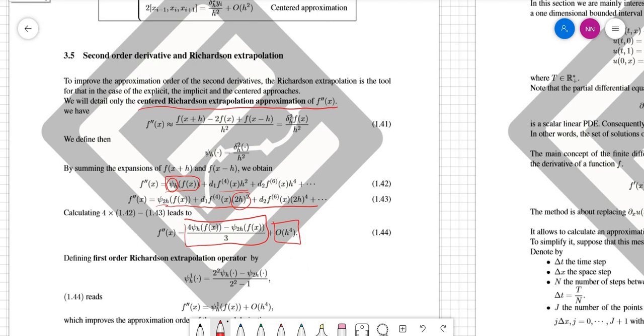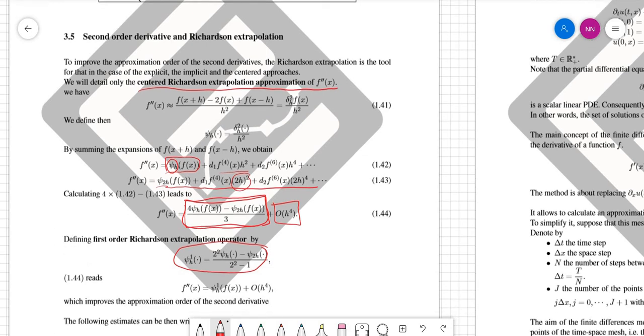This approximation is obtained using psi h and psi 2h, which are the centered approximations using a step size h and then a step size 2h. And this is what we call the first order extrapolation given in here.